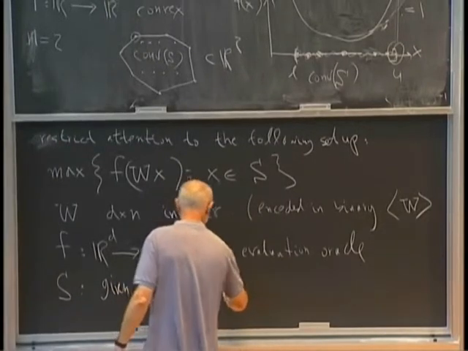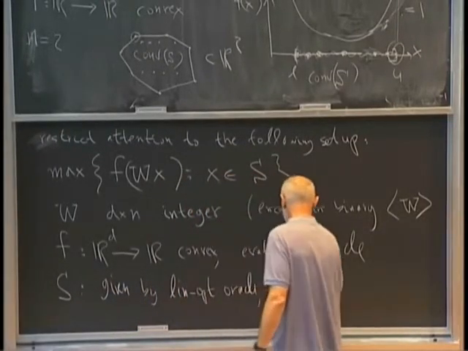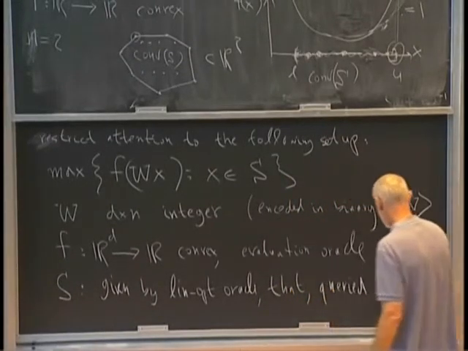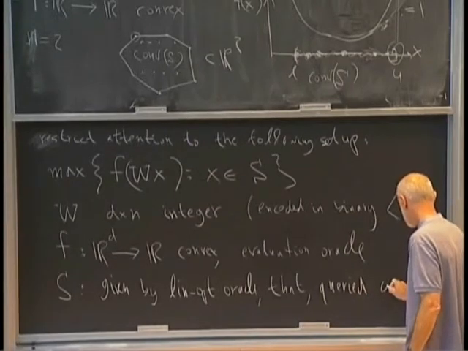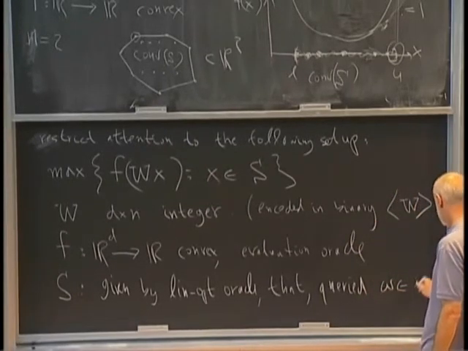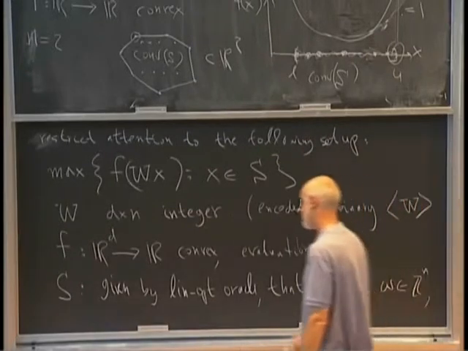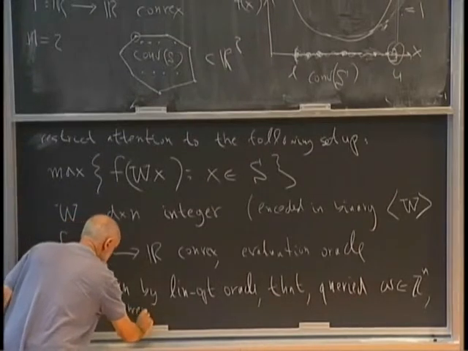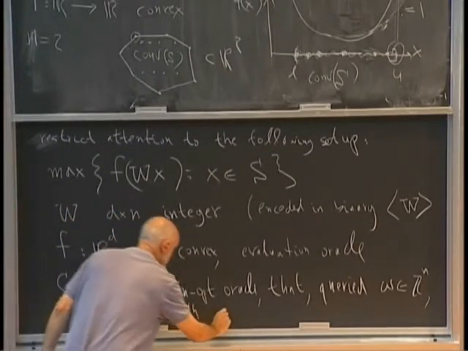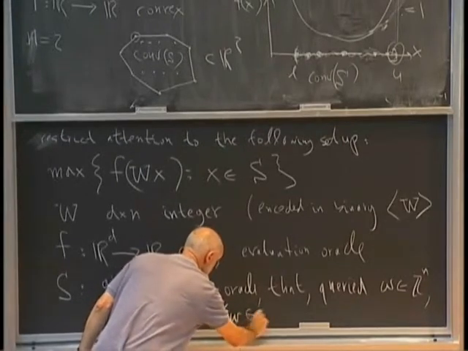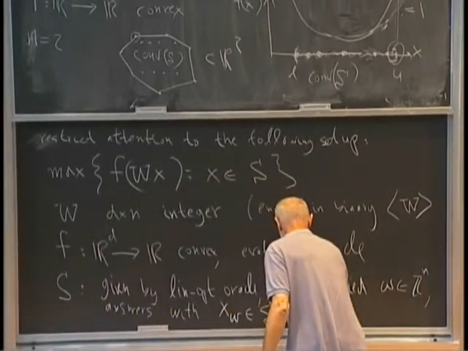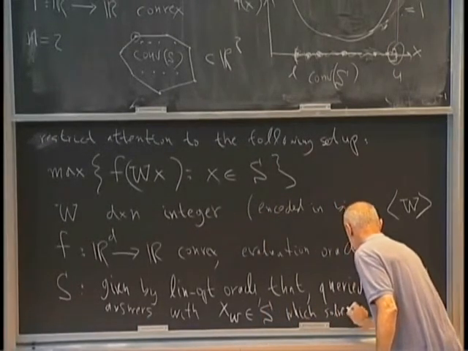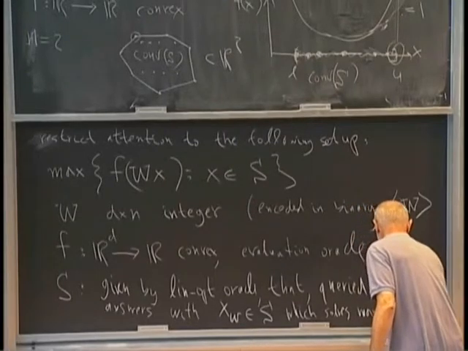And this means if you ask this oracle on some linear function given by some vector little w, different than this big W, it answers some point, let's denote it x sub little w in S, which solves the linear maximization problem over S.